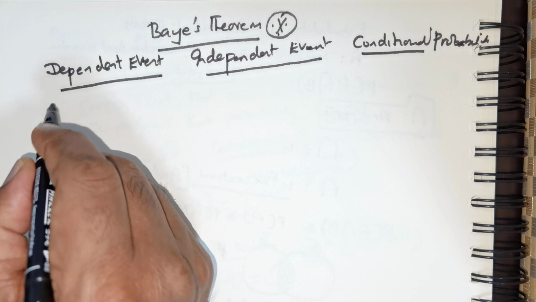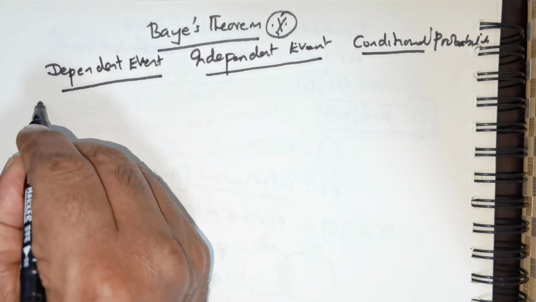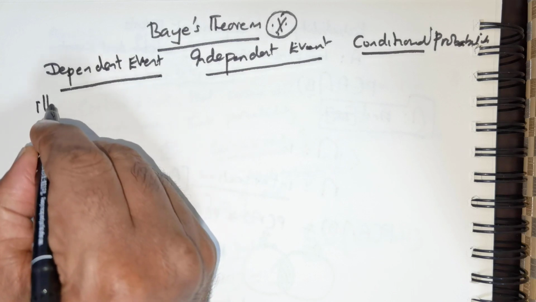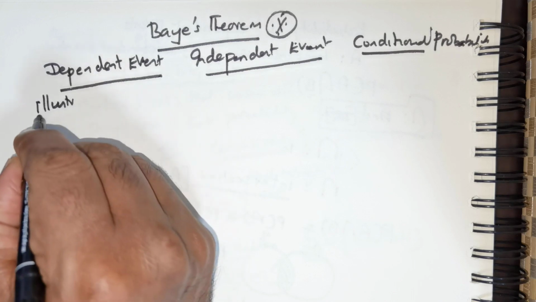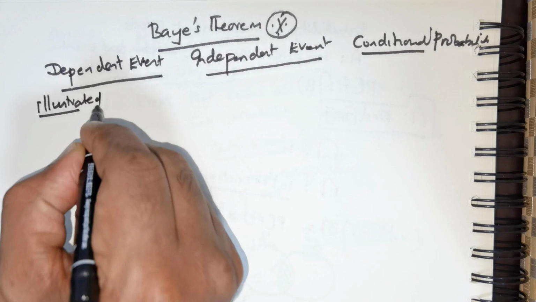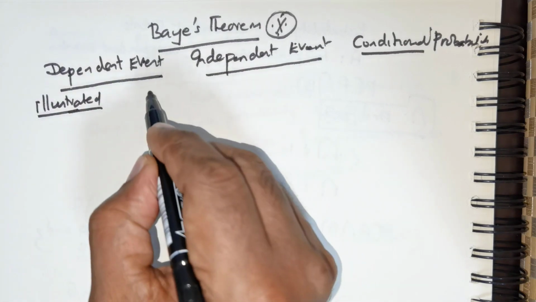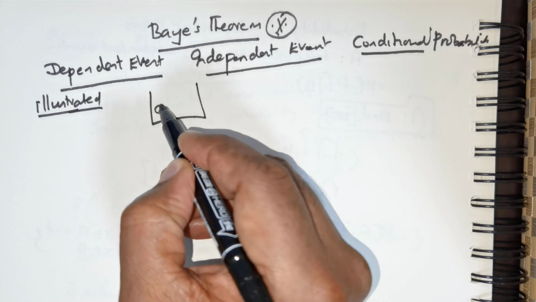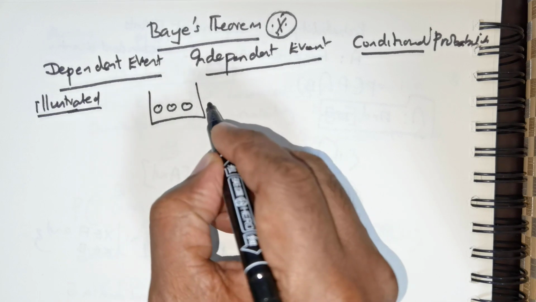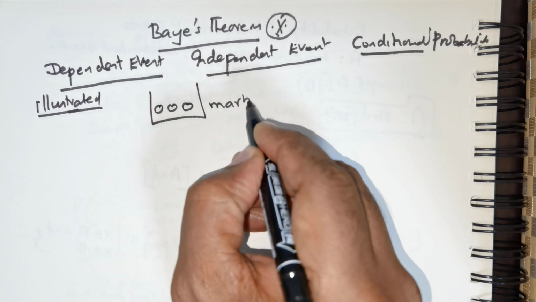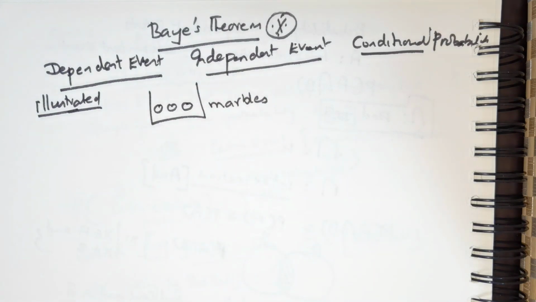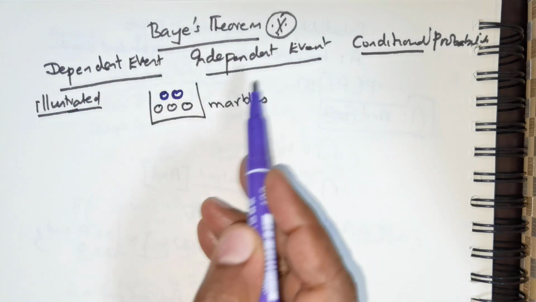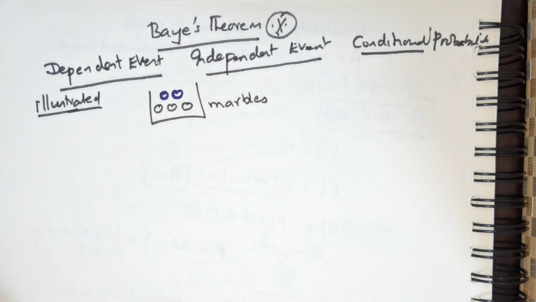Now let me give you an illustration for the probability associated with a dependent event. Suppose you take a box, and in the box you have 3 black marbles and 2 blue marbles.